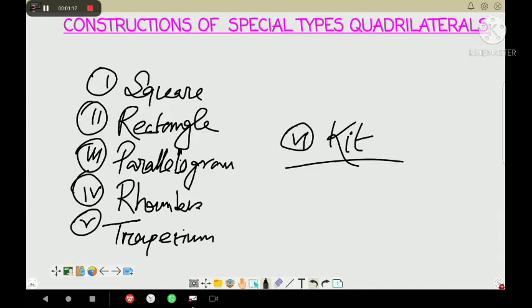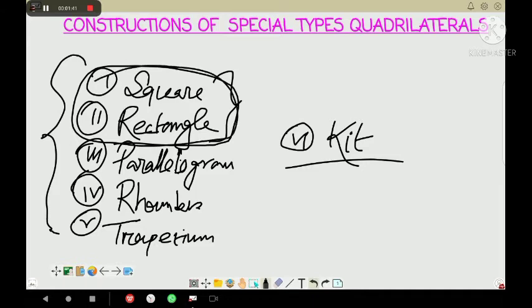Okay, so these are some special types of quadrilateral, but the construction of kite is not in this chapter. So here we will cover up to number 5, but in today's video I am going to discuss the construction of square and rectangle only, and the others in the next videos.